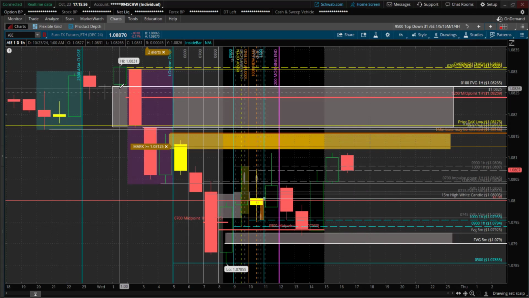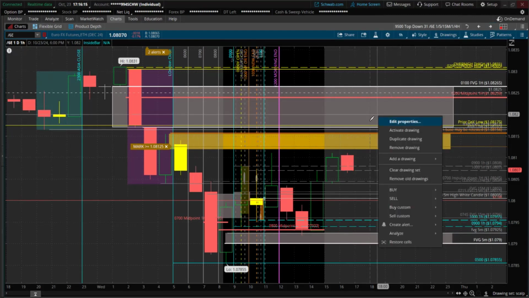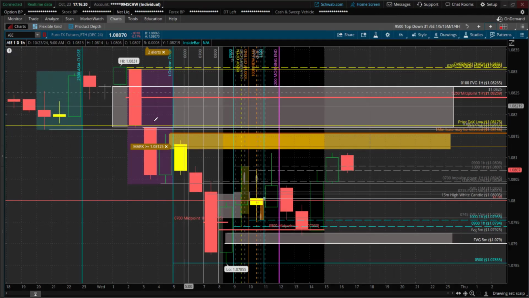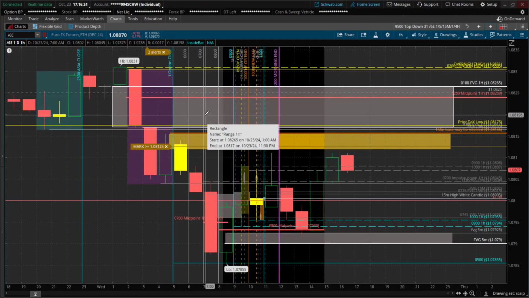So the bottom of that green candle, I have this white horizontal line labeled 0-100, which was the beginning of that candle. And just let me know it's a 1-hour candle. And down here, between that, there's a gap because they didn't connect. So I have this gray zone drawn across, labeled as the range 1 hour. So I know that was the 1 hour. So these are trade setups I'm drawing out as I find them to take trades on the faster time frame, the lower time frame. Got it.